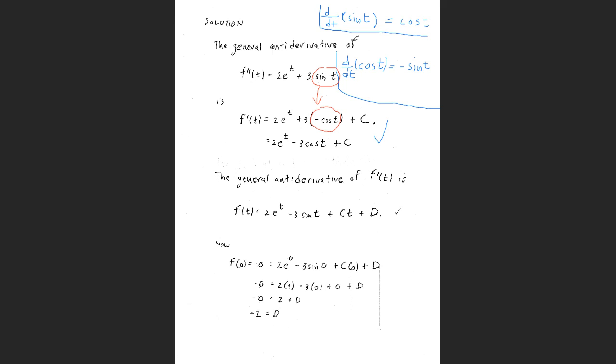Which formula here, formula 1 or formula 2 in the boxes, is going to help me in finding the antiderivative of the sine of t?